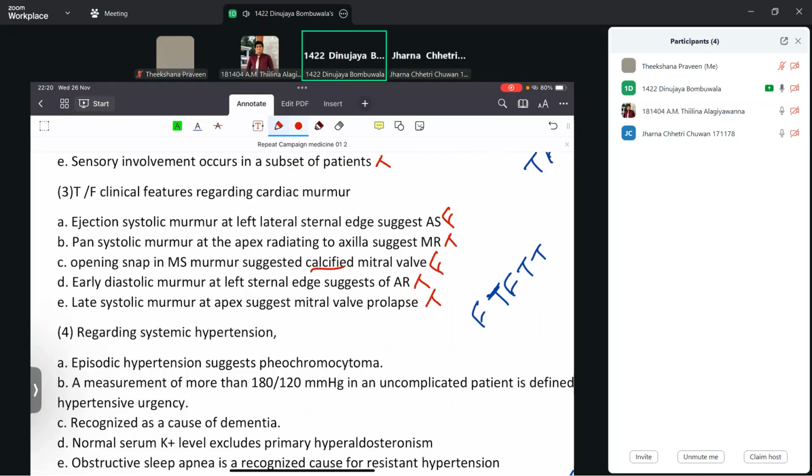Recognized as a cause of dementia. Vascular dementia, true. Normal serum potassium levels exclude primary hyperaldosteronism. Not sure. Obstructive sleep apnea is a recognized cause for resistant hypertension.